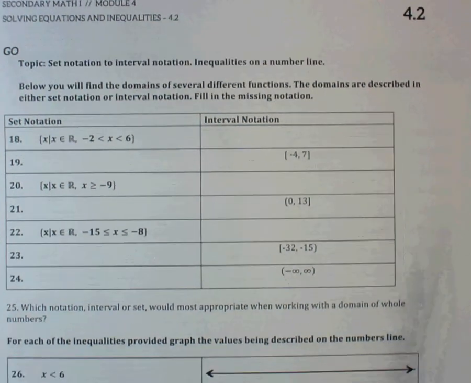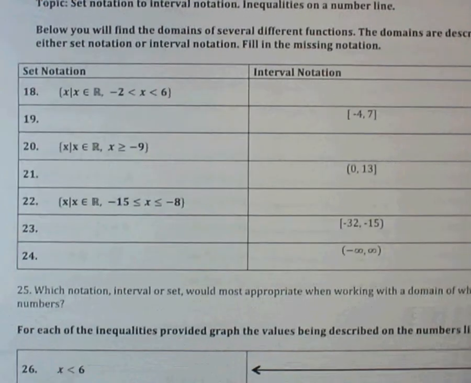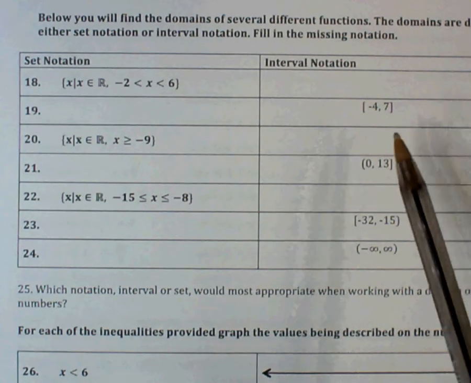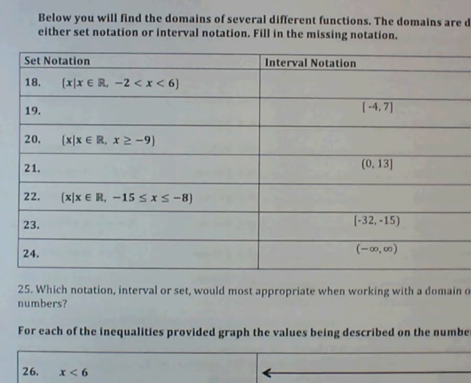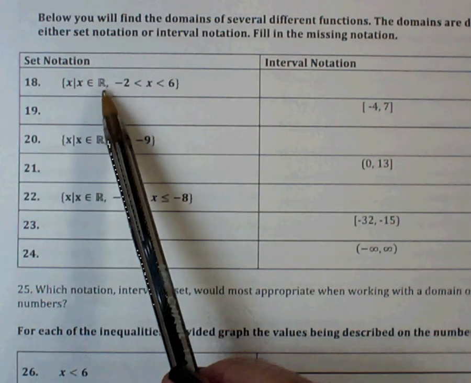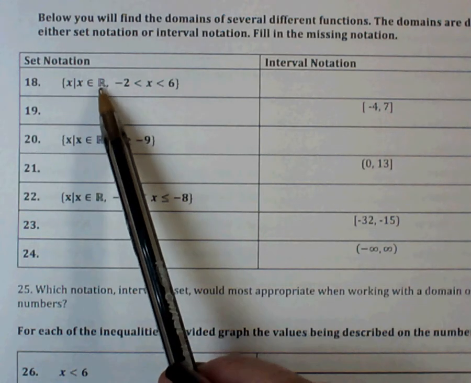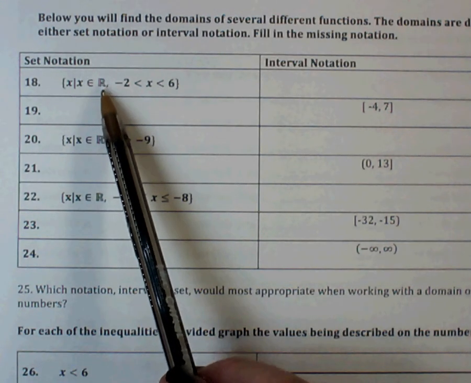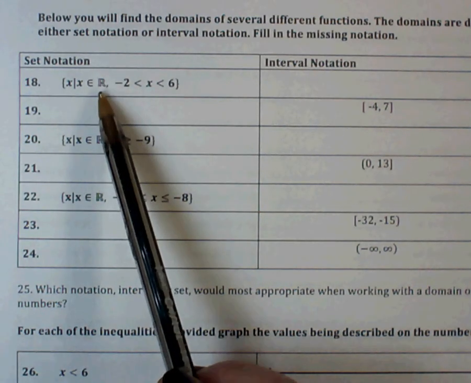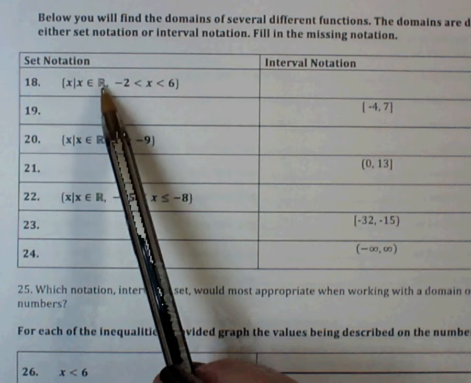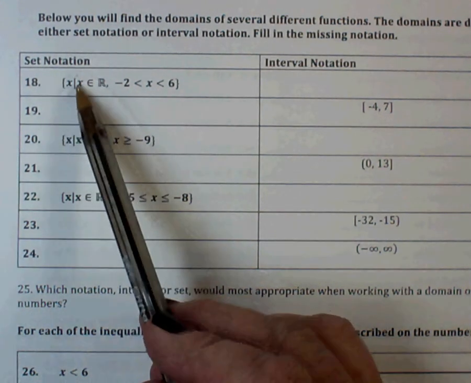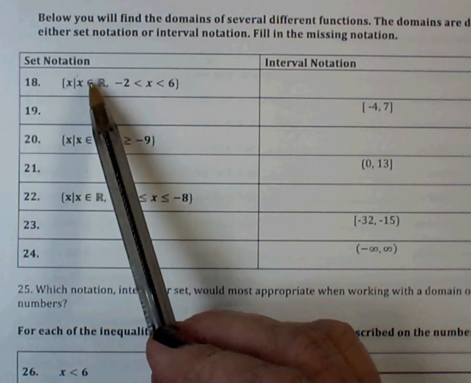So we haven't looked at set notation, so let's take a look at it. It's longer than interval notation, which is why I like interval notation. Set notation looks kind of cool though, because it has these brackets and this R means real numbers, and there's symbols for whole numbers, integers, etc. So this means X such that X is a member of the real numbers.